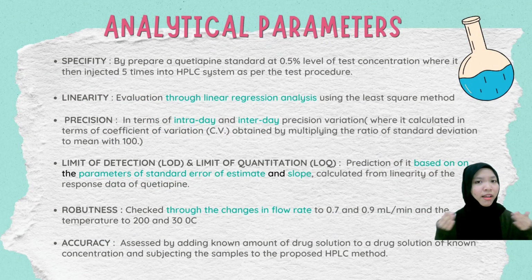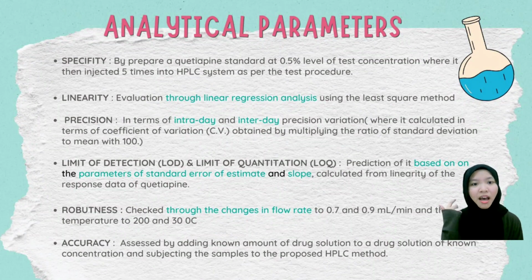The validation of the developed method was carried out for specificity, linearity, precision, accuracy, robustness, limit of detection, and limit of quantitation. Specificity was established by preparing a quetiapine standard at 0.5% level of test concentration, which was then injected 5 times into the HPLC system as per the test procedure. Second, linearity was evaluated by linear regression analysis using the least square method.